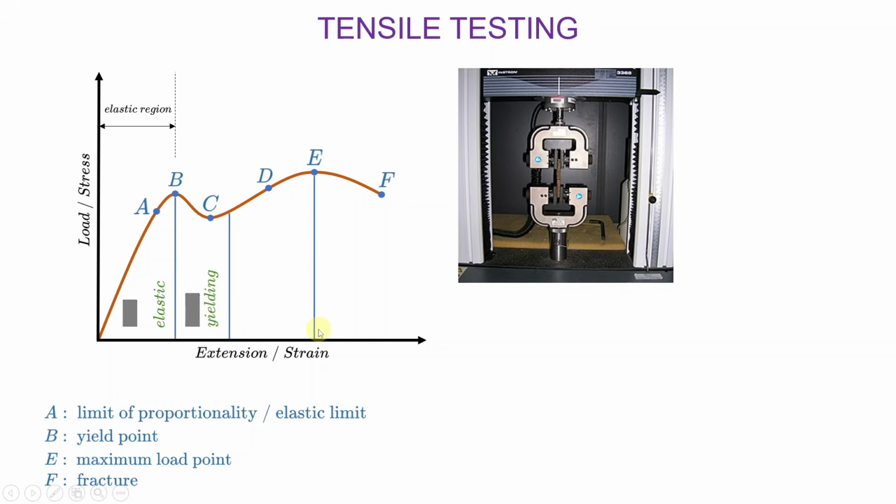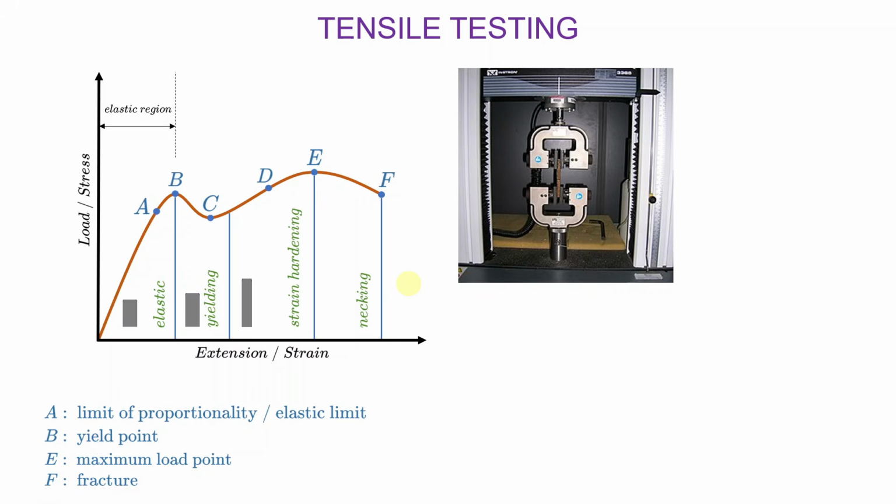And then beyond that, you have another region which is called the strain hardening region. Here, as you continue to further stretch, the material becomes slender. As you can see, this here is more slender than that. It gets longer and slender. Beyond the strain hardening region, you then get to the necking region.